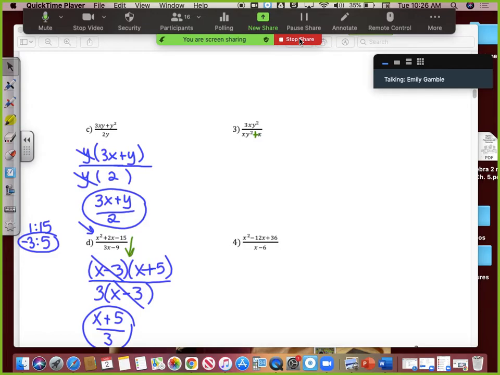One thing to note as you're working through these, sometimes you're not taking the greatest common factor out of everything. Sometimes you end up only being able to take like one x out, even though in the past you would try and take as many as possible.